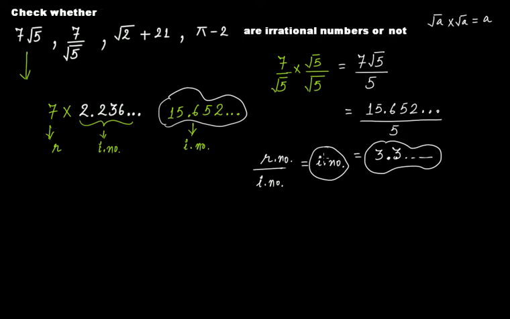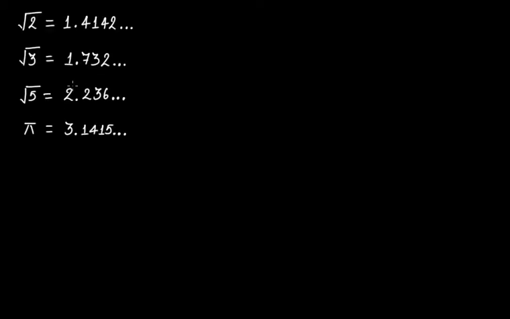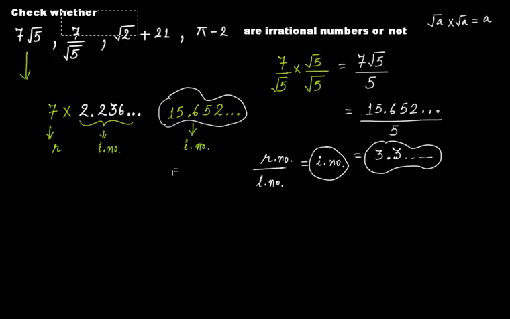Now we have square root of 2 plus 21. So square root of 2, if you take this value from here, this is square root of 2 plus 21.